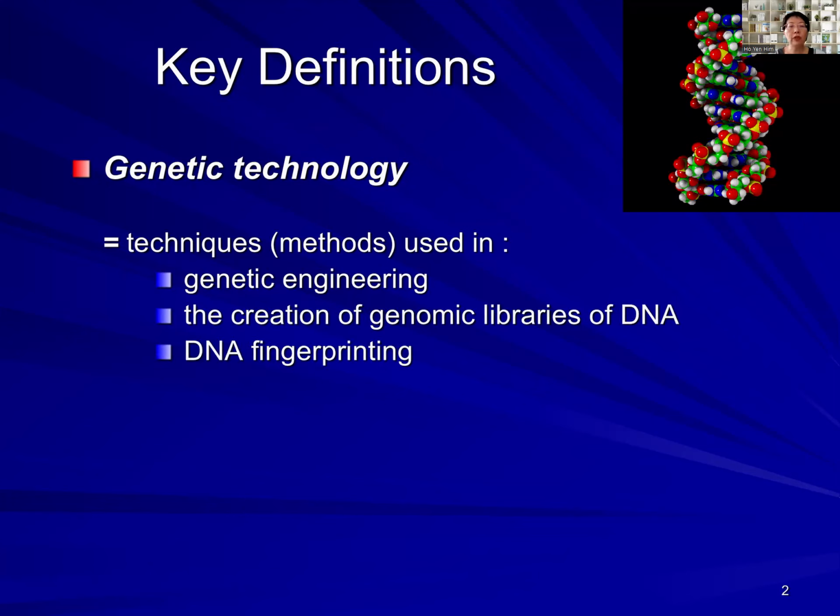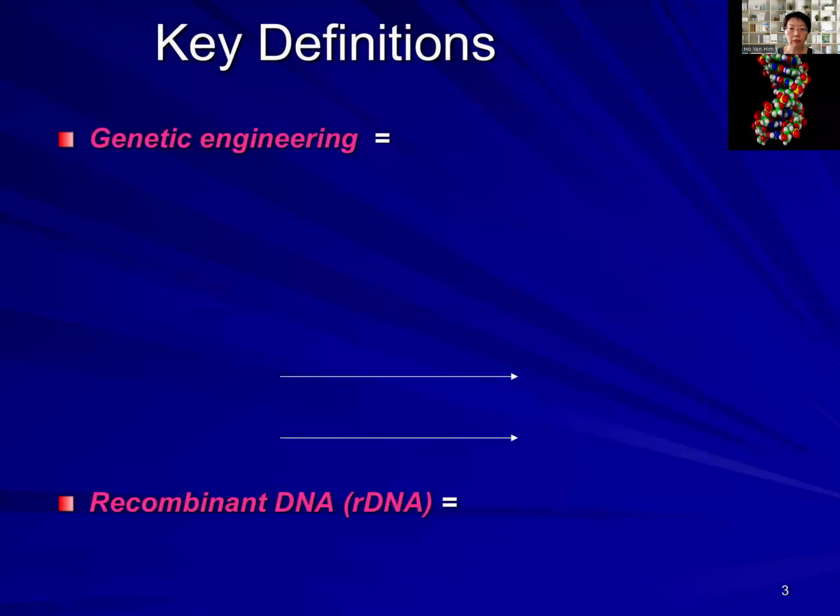Out of these 3, in this chapter you only learn genetic engineering. I will not explain the other 2, which are not in the syllabus. So we'll continue to explain what's genetic engineering from here onwards.